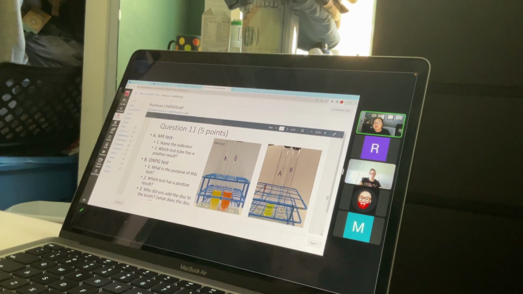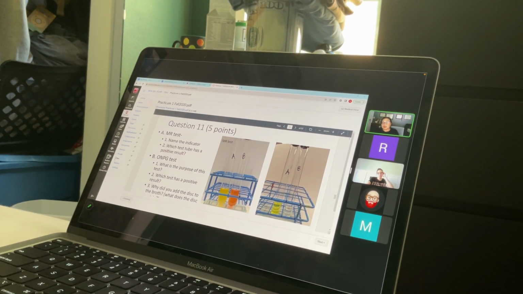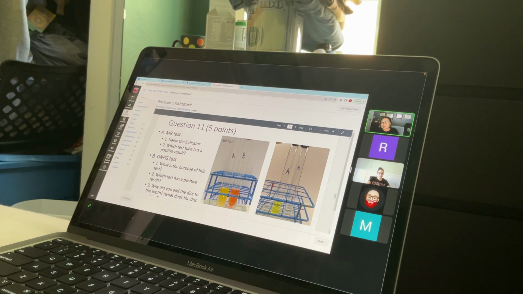The indicator is methyl red. When you add it to one of the two tubes, the methyl red is going to disappear. It might not be that yellow; it might be the same color as the broth color. But the point is the methyl red didn't stay. And if you add it to the other tube, the methyl red stays red. The tube that stays red has a positive result.